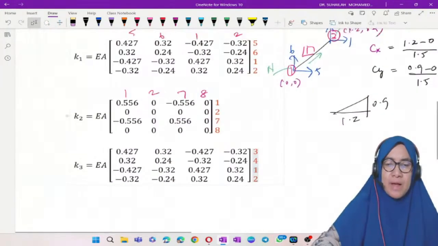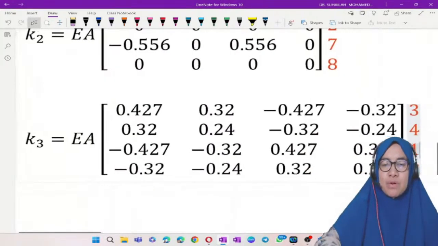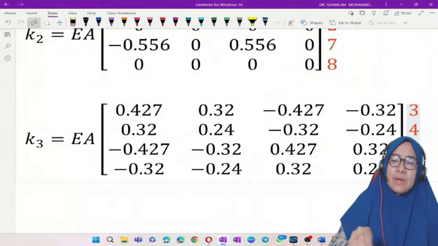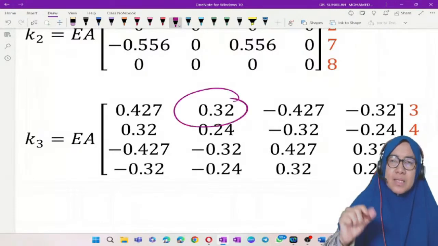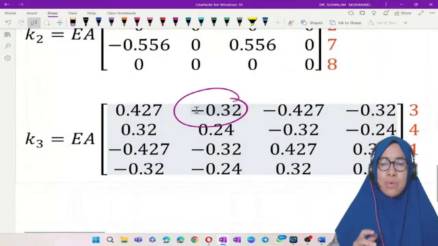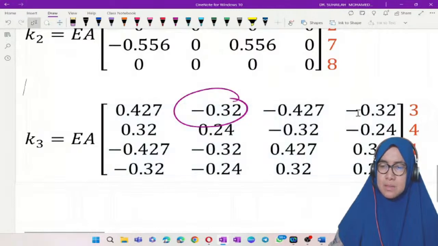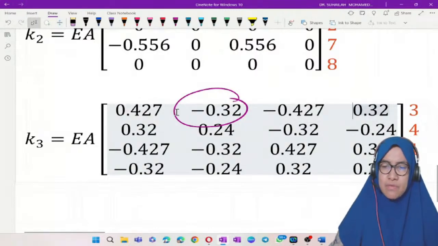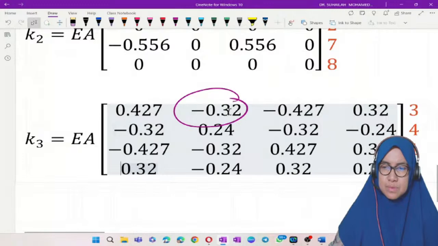The length is 1.5, so we get 0.427 positive. For value number 2, it is Cx Cy, same value, but this one is negative because Cy is negative. Okay, so this will become positive.